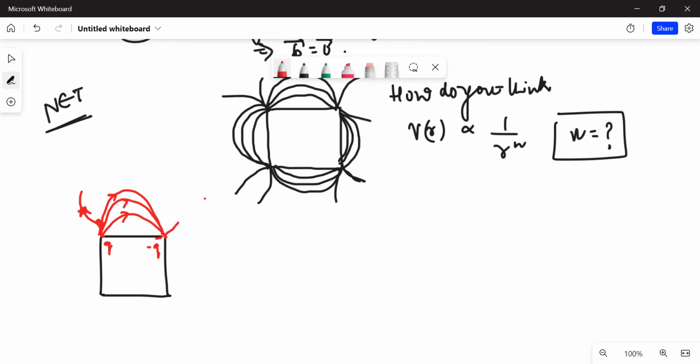Is that clear to you? And you can see that there are 4 lines emanating from this charge, and there are 4 lines entering into it. So obviously these two charges will have the same magnitude. The magnitude of charge depends upon the total lines of forces entering or exiting. This is something that we know from standard 12, so I'm not going to write it all over again. And if this is minus Q, obviously because these lines of forces should be entering into it, I'll write entering, so like this.